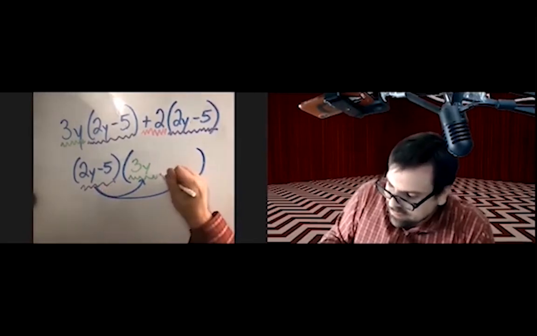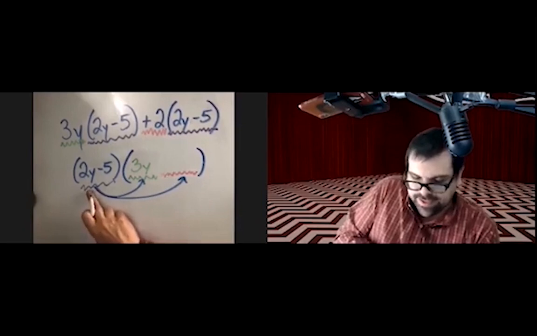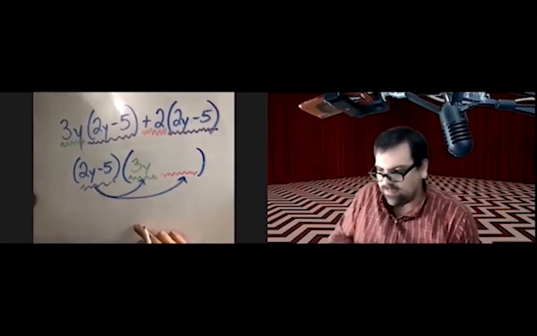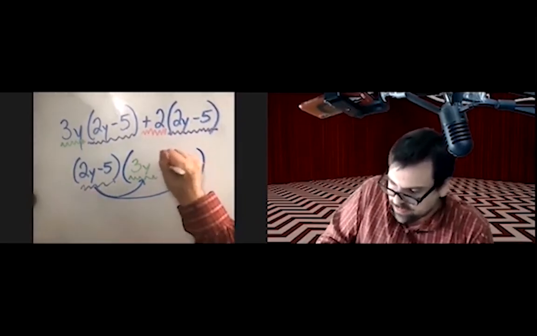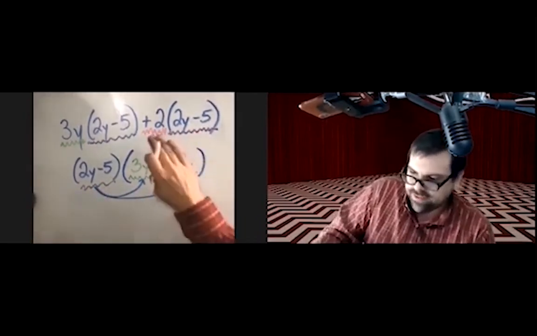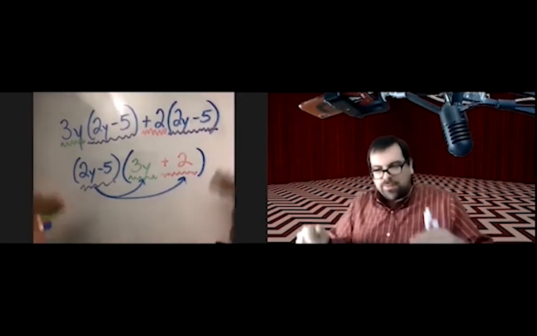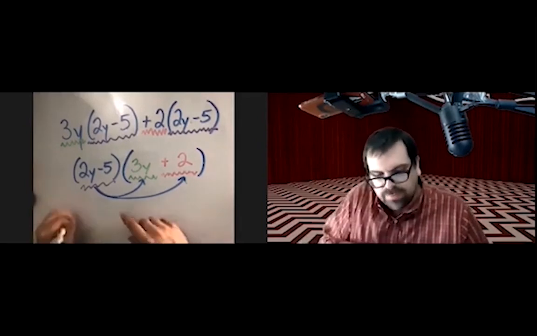This times what is this times that? Literally, positive 2. This times that is this times that. Hope you see how we did the distributive property in reverse here.